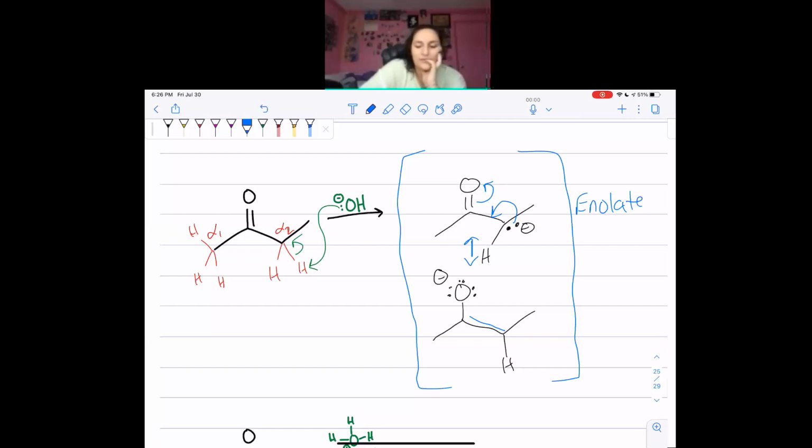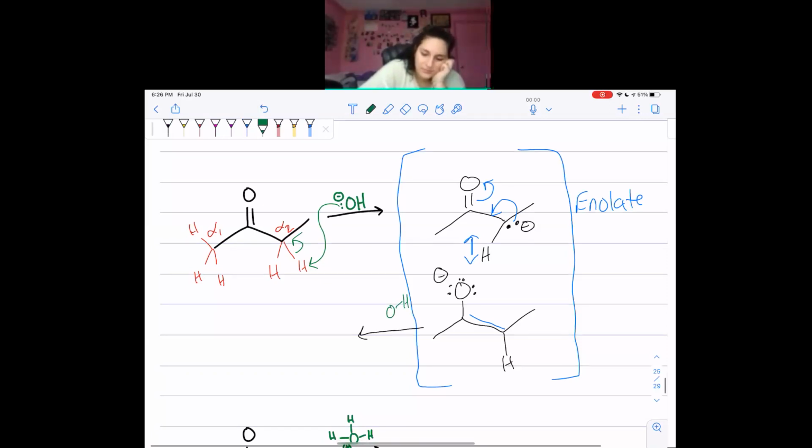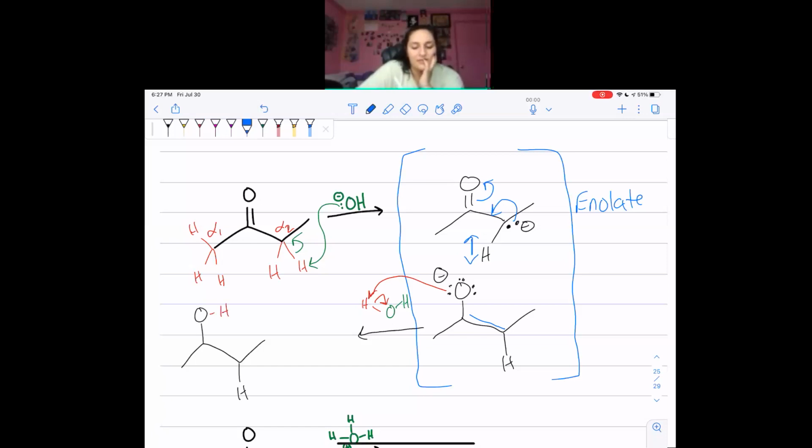And we are going to react the enolate with the H2O molecule we created. And it's going to go ahead and steal that red hydrogen back, and we're going to end up making this lovely thing.